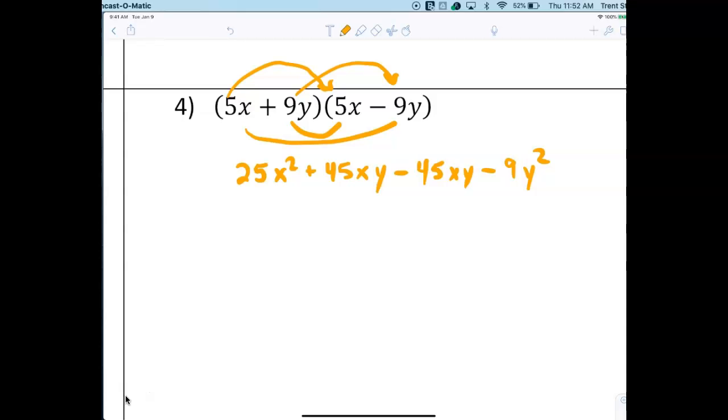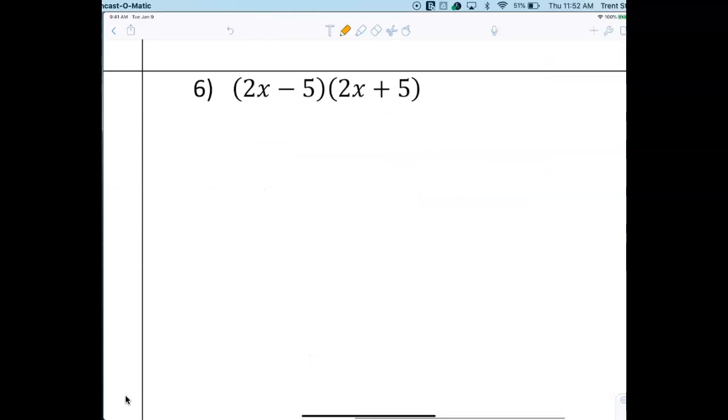And once again, negative 81y squared. What happens to the middle terms? These guys cancel out. And so you're just left with 25x squared minus 81y squared. Everybody good with that?